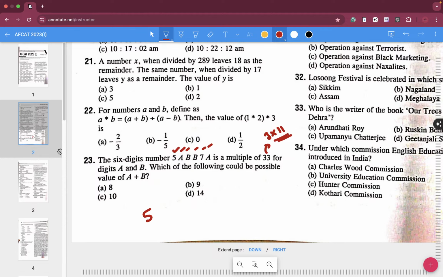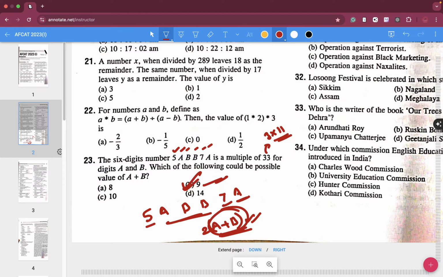So this number is 5ABB7A. 5 plus 7 is already 12, so the summation of this number, 2 times A plus B, should also be divisible by 3, which means A plus B should be divisible by 3. So A plus B should be equal to 9 over here, folks.